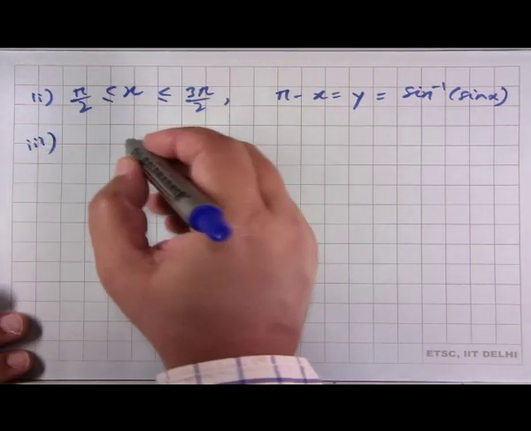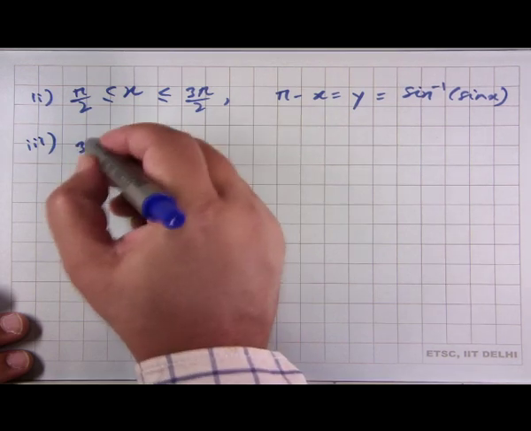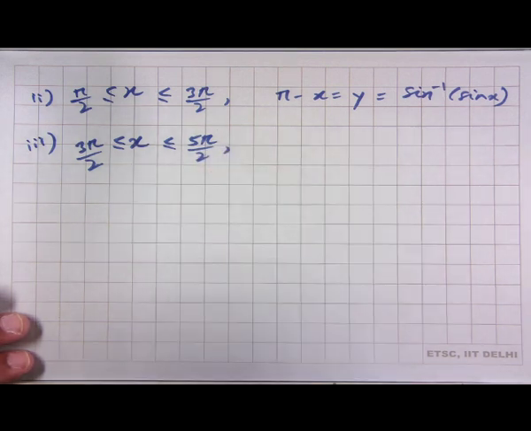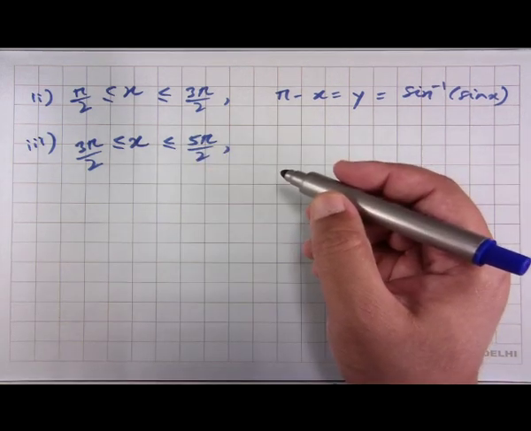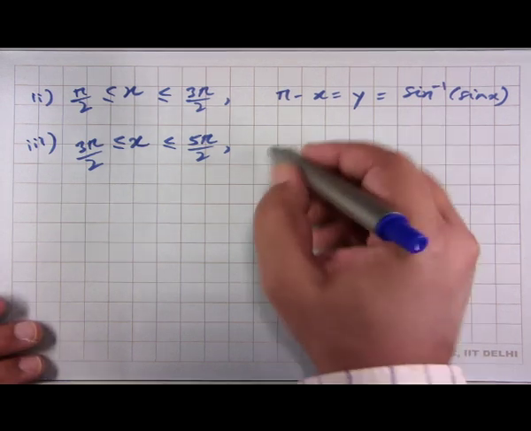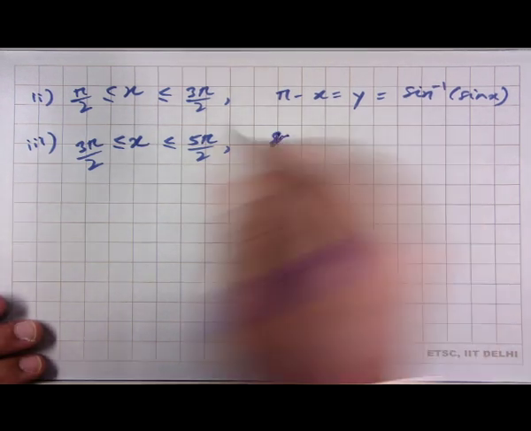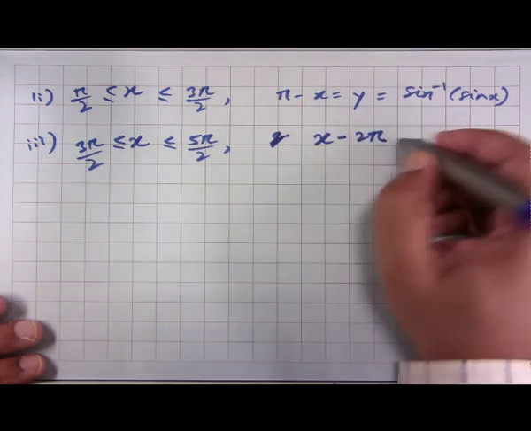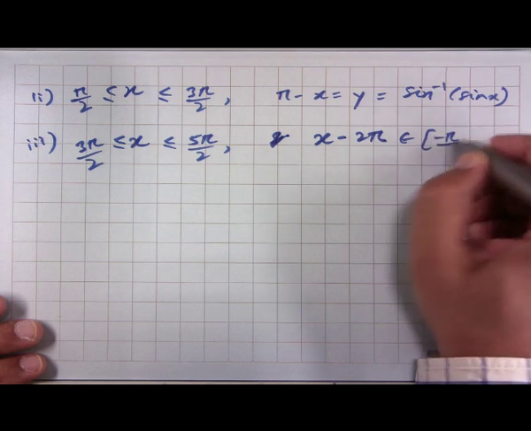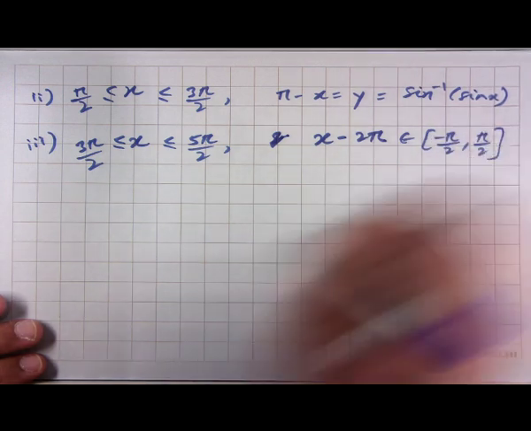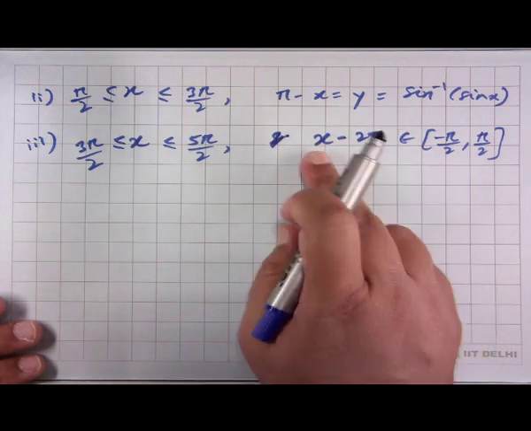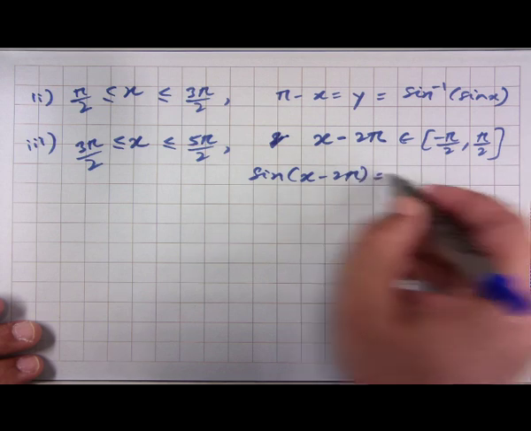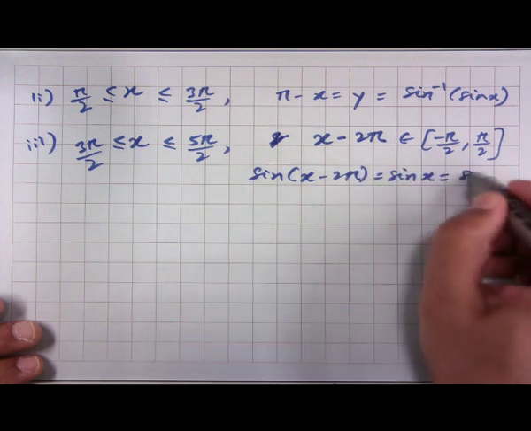Similarly, if x is greater than or equal to 3 pi over 2 and less than 5 pi over 2, then again in a similar manner, we know that if x is in this interval, then x minus 2 pi is going to belong to again the range set of sine inverse, and because we are just shifting x by 2 pi, it is clear that sine of x minus 2 pi is equal to sine x, which is sine y.